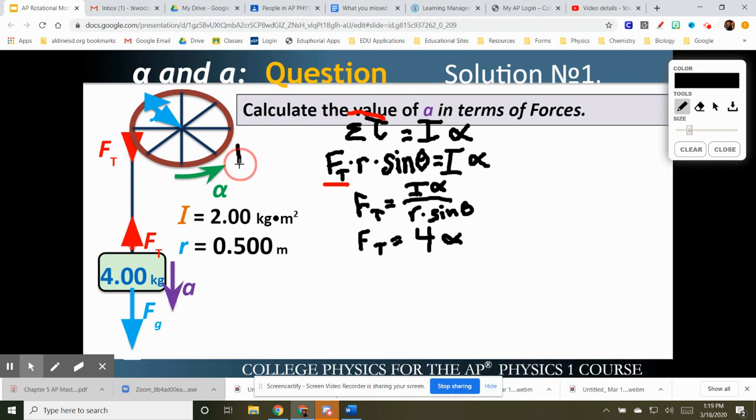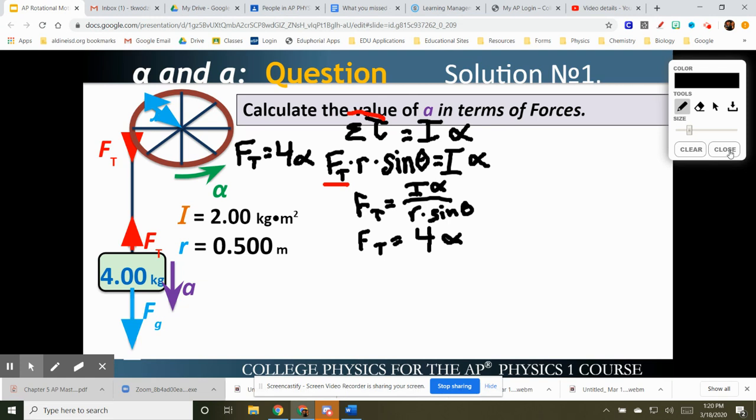Okay, so to save room, I'm going to put that we solved for the force of tension from the pulley, and we're going to erase all this work, that the force of tension equals 4 angular acceleration. So to remind you, why did we do that?